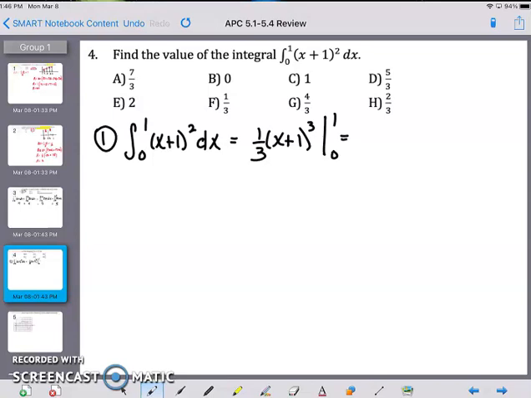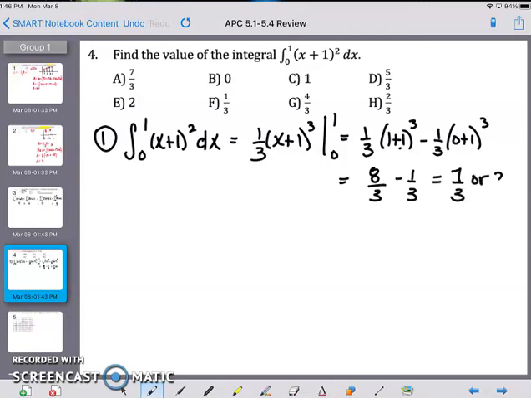When I plug this in, I get 1/3 times (1 plus 1) cubed minus 1/3 times (0 plus 1) cubed. 1 plus 1 is 2, and 2 cubed is 8, so my first term becomes 8/3. 0 plus 1 is 1, 1 cubed is 1, and 1 times negative 1/3 is just negative 1/3. So I end up with a value of 7/3, or as a decimal, 2.3 repeating.